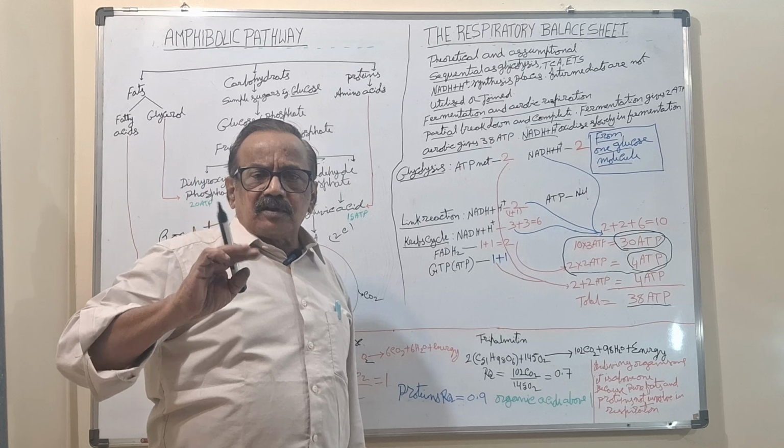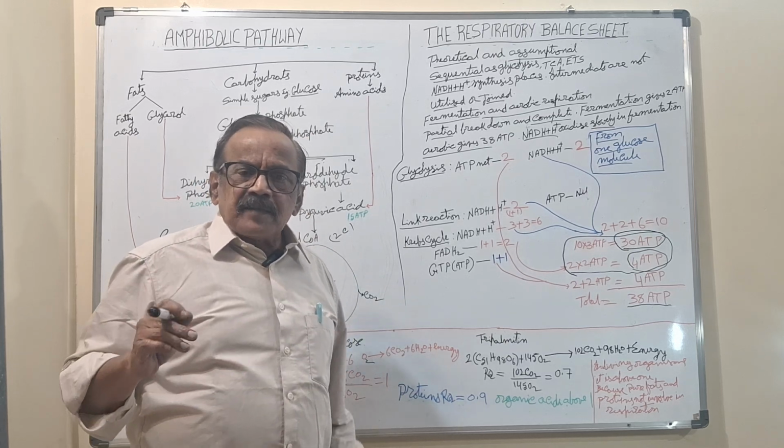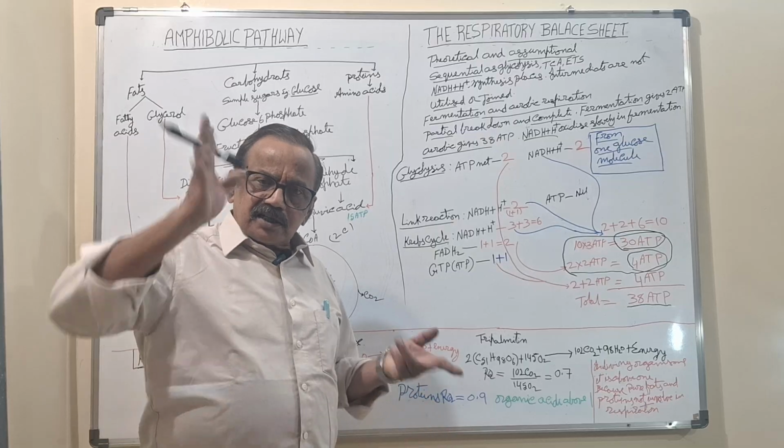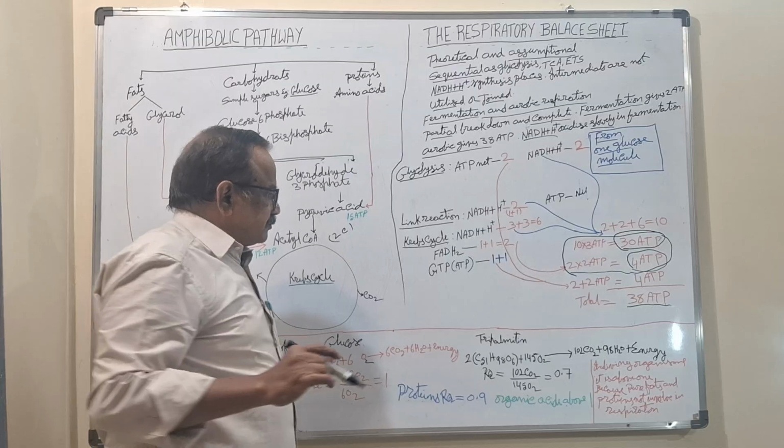So 14 minus 4, that is 10 molecules are produced according to that. Why it is so, how it is so, go and discuss with the teachers. Okay, or otherwise you see my video.